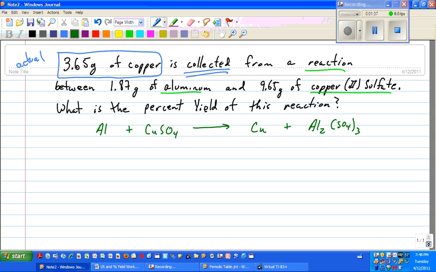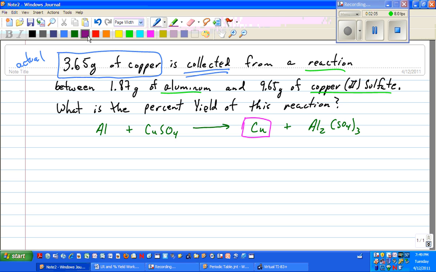We are asked for the percent yield, and we've got copper, so we know that we're going to be looking for copper as my unknown in my stoichiometry problems, since my actual is copper. So my 1.87 grams of aluminum and my 9.65 grams of copper 2 sulfate are my givens that I'm going to use in my stoichiometry problems.